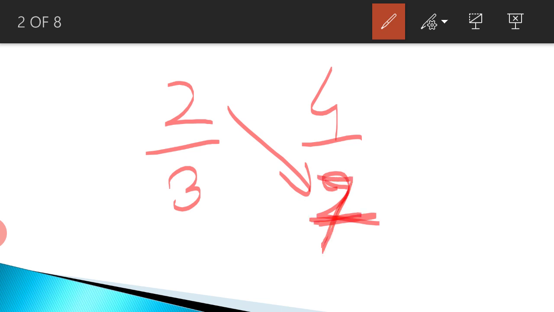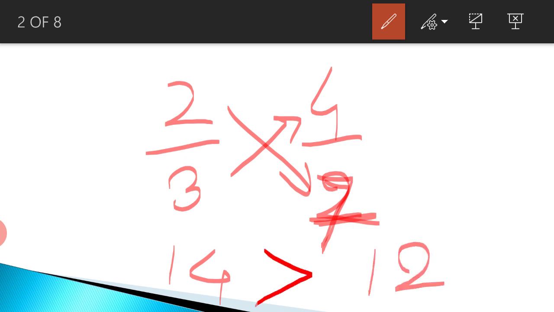Now 2 7s are 14, so I have done the first cross product and written it first. Now take the upward cross product, that is, denominator of first and numerator of second. So 4 3s are 12. Now which is bigger? 14 is bigger, so we say that 2 by 3 is bigger than 4 by 7, or 4 by 7 is smaller than 2 by 3.